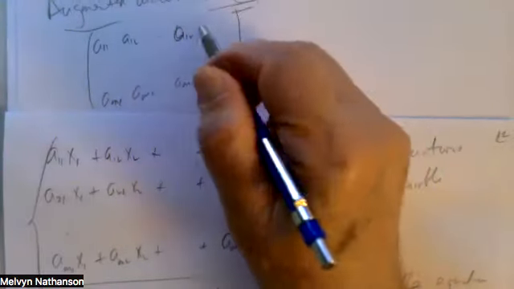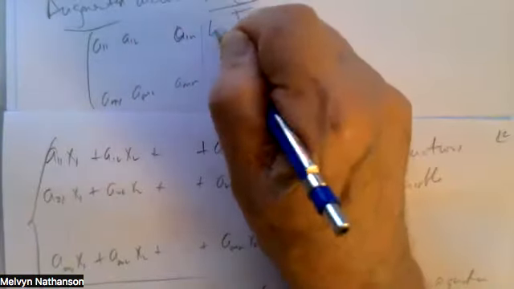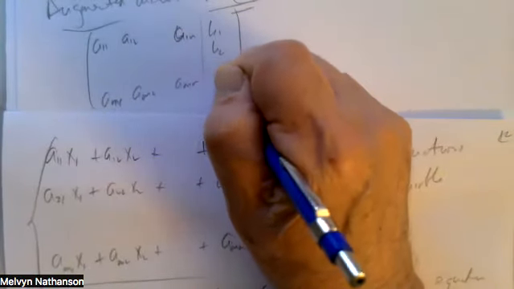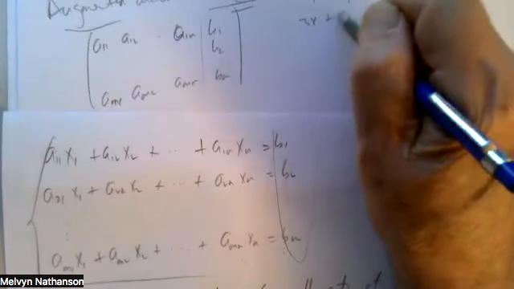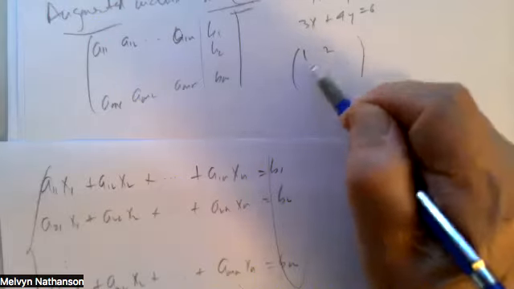This was the matrix of coefficients, and we augmented it by adding one more column, b1, b2, down to b sub m. So this is the augmented matrix corresponding to the system of equations. For example, if we have x plus 2y equals 5 and 3x plus 4y equals 6, the matrix of coefficients is 1, 2, 3, 4, and we augment with the additional column 5, 6. That's the augmented matrix for this system.